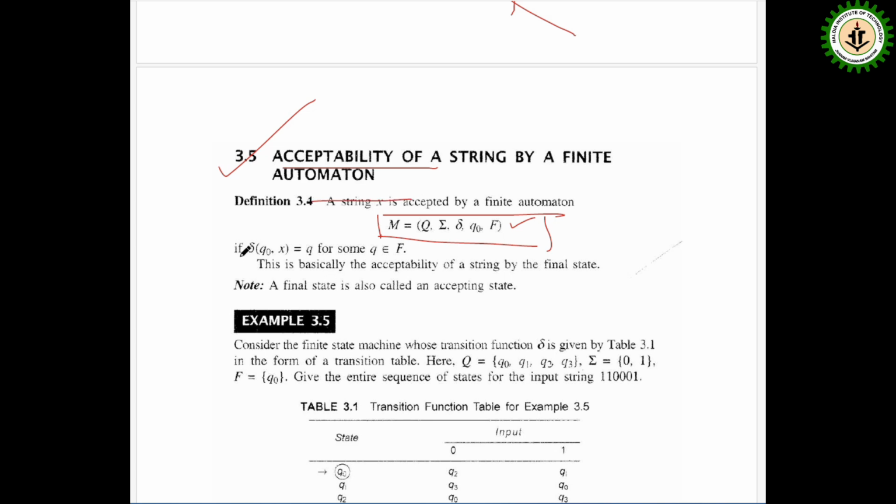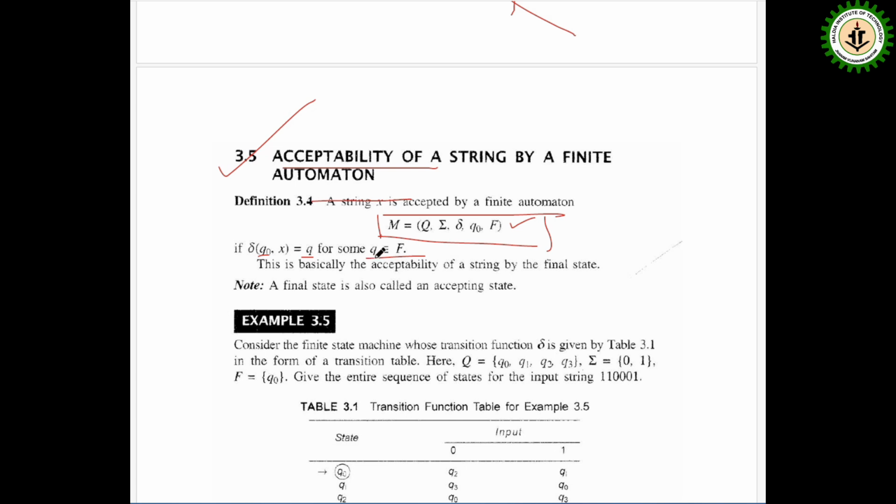By using this X from Q0, what is Q0? Q0 means the initial state. So from the initial state, using this string, if we reach some state Q which is a final state, then we can decide that the string is accepted.